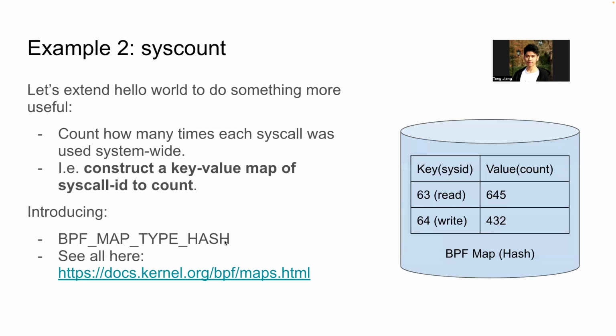The hash map is the most often used BPF map. It's called map, but there are also other data structures that are also called map. It's somewhat weird, but I think for historical reasons, the first thing out there was the hash map.